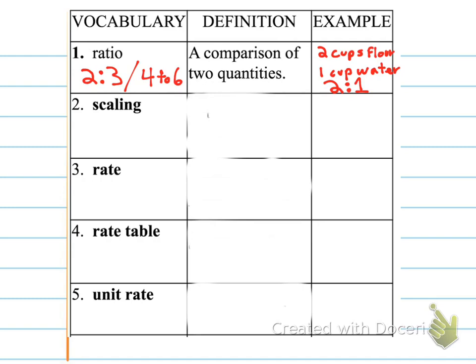Now, scaling is when we take something like that 2 to 3 ratio and we turn it into 4 to 6. Basically, we double everything by 2.